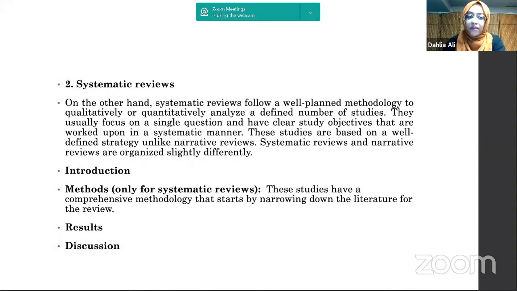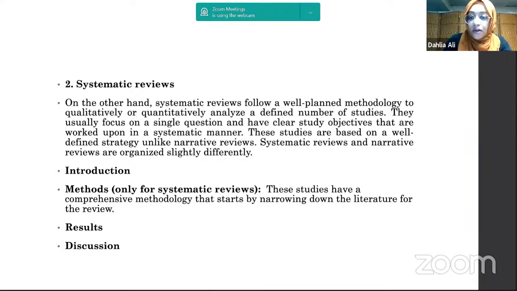And then there's the systematic review. On the other hand, systematic reviews follow a well-planned methodology, a qualitative or quantitative analysis of a defined number of studies. They usually focus on a single question and have clear study objectives that are worked upon in a systematic manner.